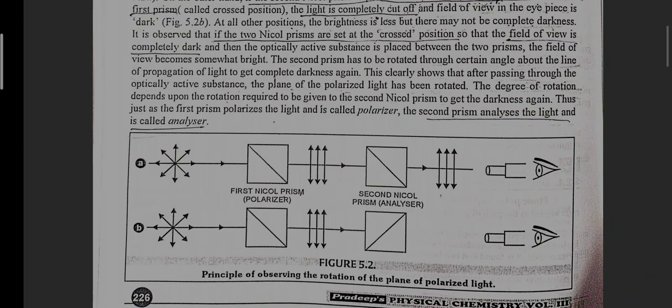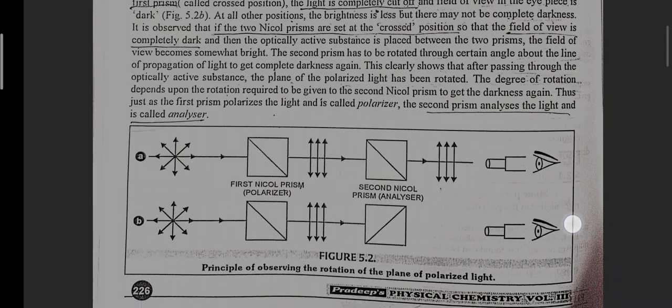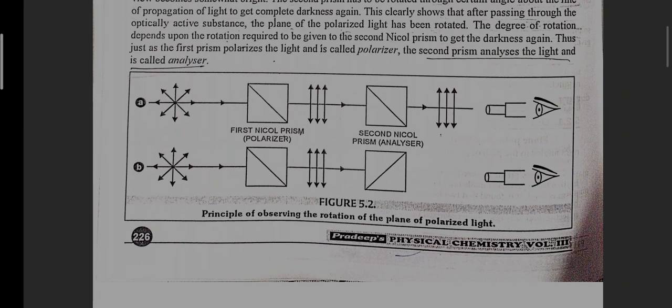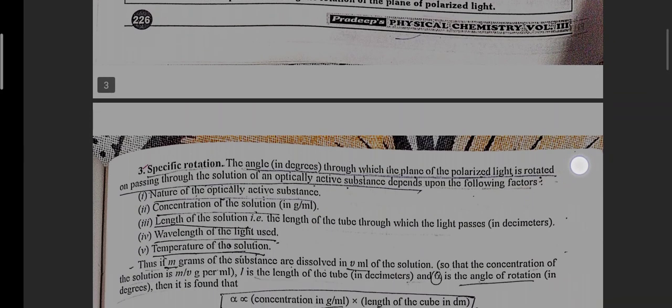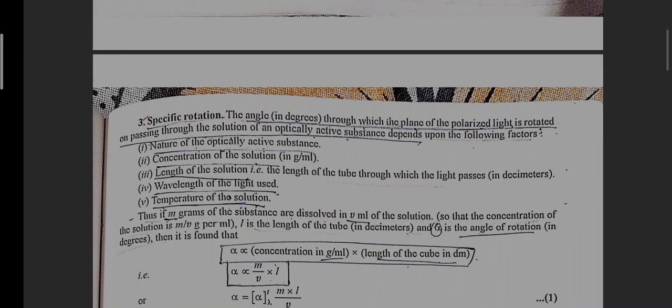The degree of rotation depends upon the rotation required to be given to the second nicol prism to get the darkness again. Thus, just as the first prism polarizes the light and is called polarizer, the second prism analyzes the light and is called analyzer. This is the diagram which shows the principle of observing the rotation of the plane of polarized light.